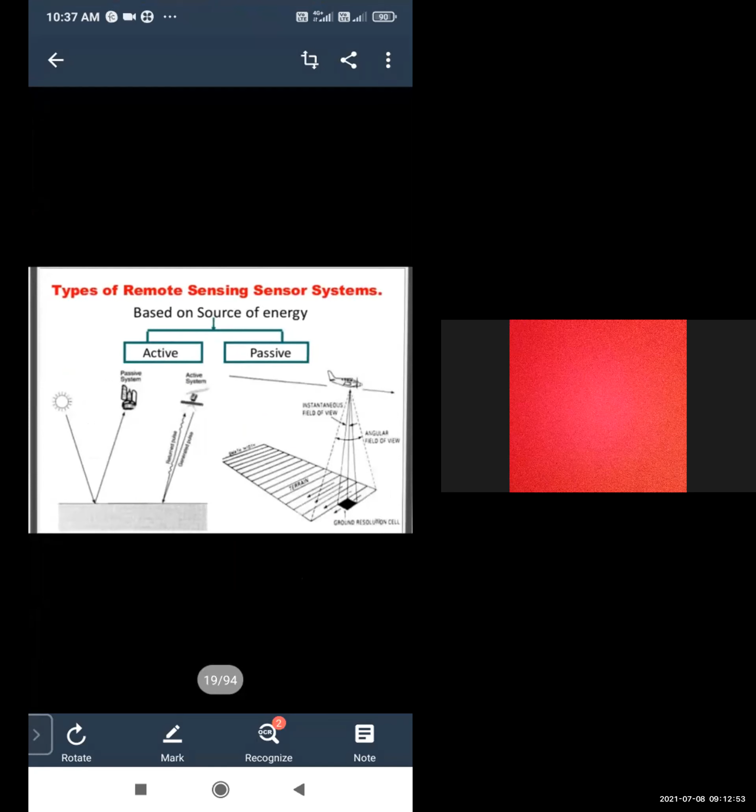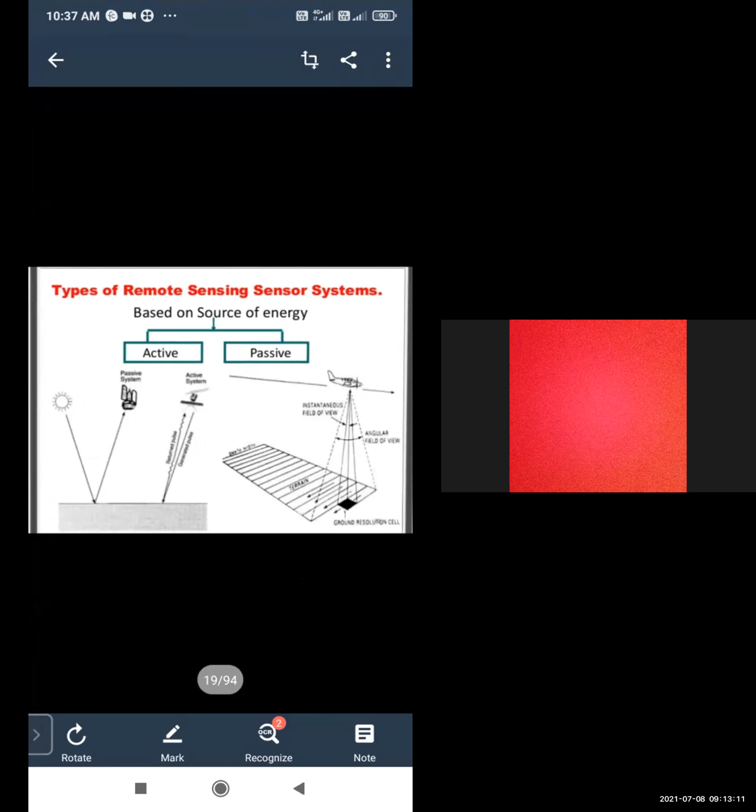So for passive, we need sun rays. In passive source of energy, the main source is the sun, and active works by its own electromagnetic wave.